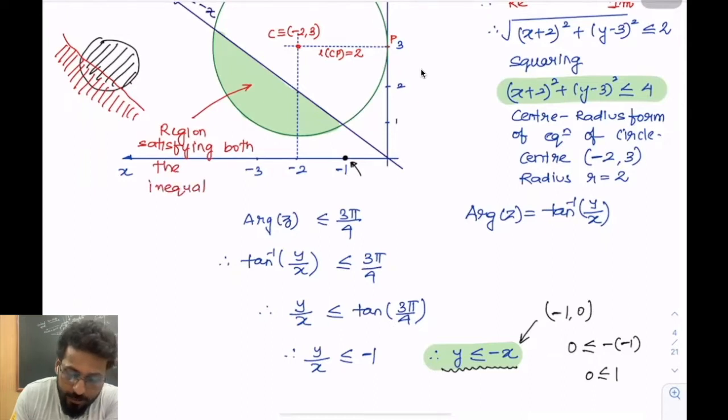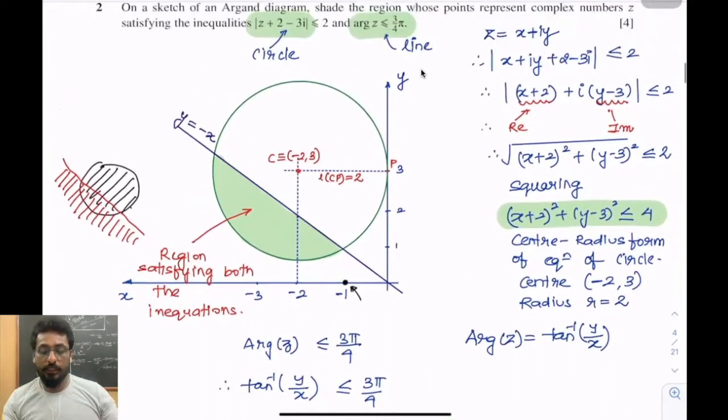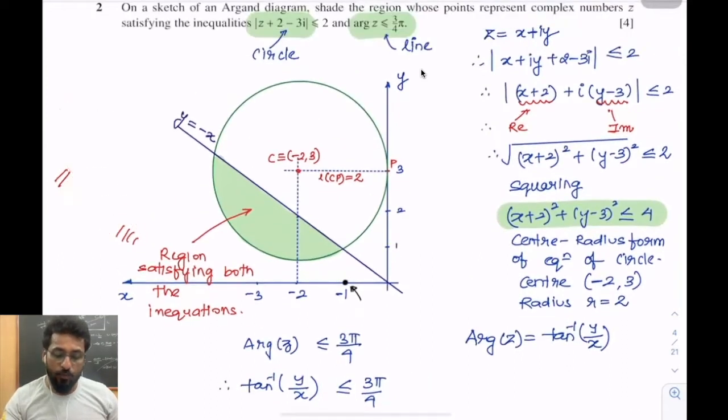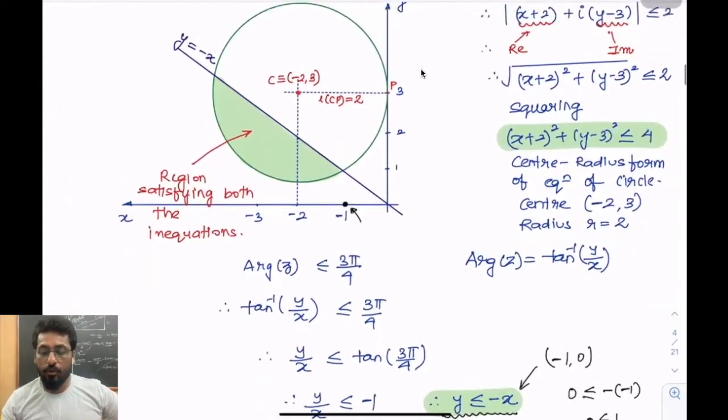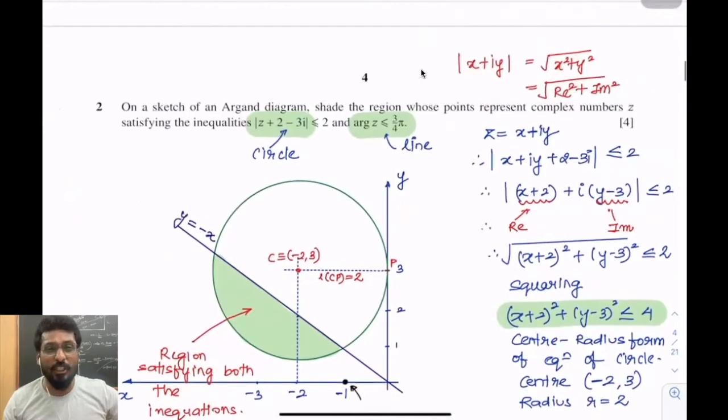Any point in this shaded region is going to satisfy both of them. That is how the solution set is going to look. I'll quickly remove this part, which was only there for understanding. So this is how the question is solved, and you have fetched another 4 marks.